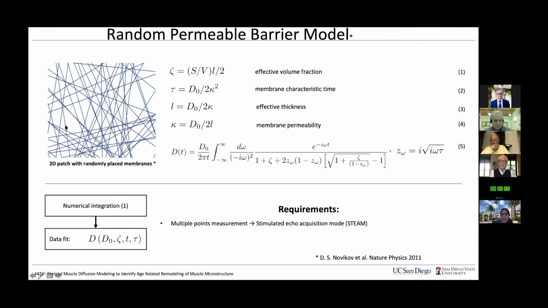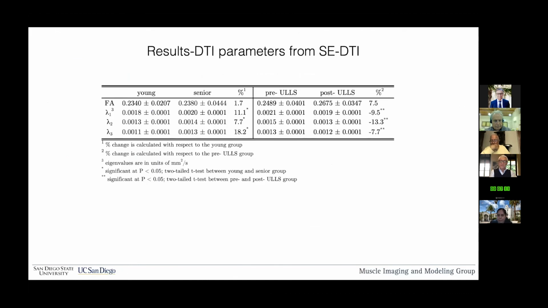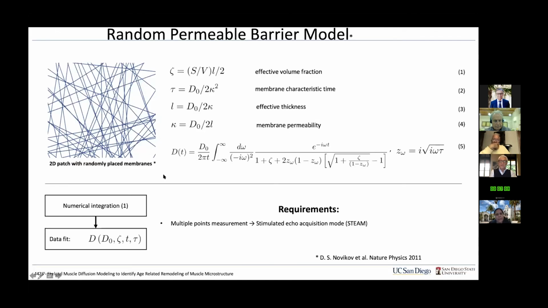So it doesn't explicitly model the diffusion in the endomysium or anything related to the endomysium. It's just membrane permeability that is modeled. So it was a simpler model and was only using 4 variables. Basically we fitted to the permeability, the effective volume fraction, and D naught.